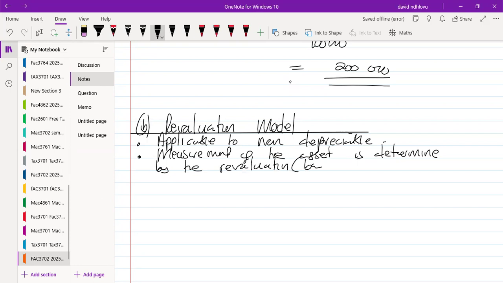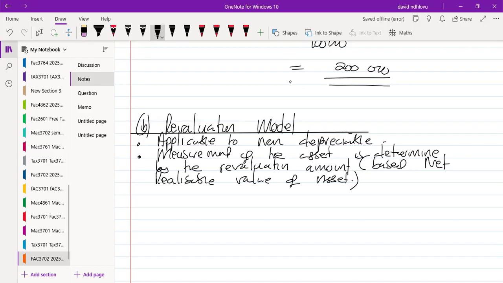This is based on the revaluation amount, and the revaluation amount is based on the net realizable value of the asset. In other words, the net realizable value of the asset is determined basically by the market for the asset.